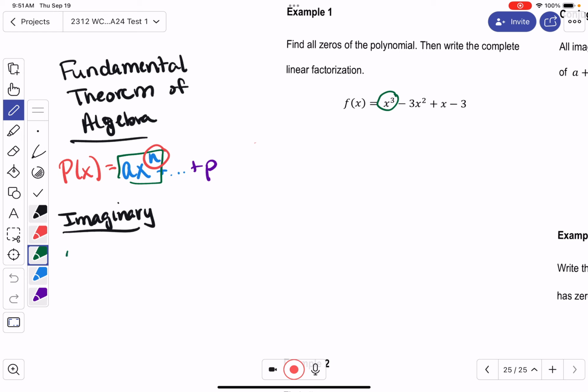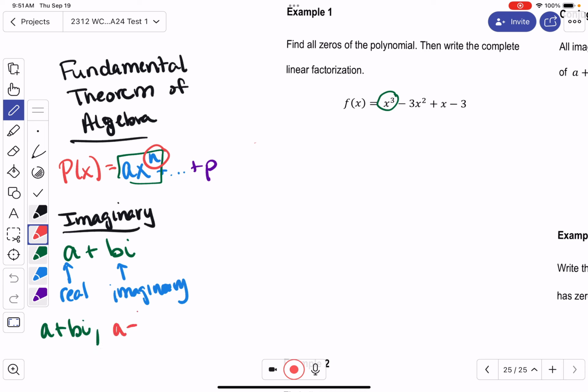The thing you do need to know is that imaginary solutions are written in the form A plus BI, where A is the real part and BI is the imaginary part. All imaginary solutions come in pairs. So A plus BI is a solution and A minus BI is its conjugate.